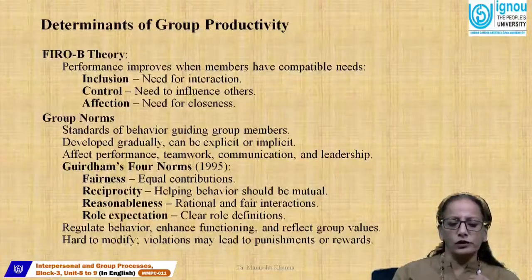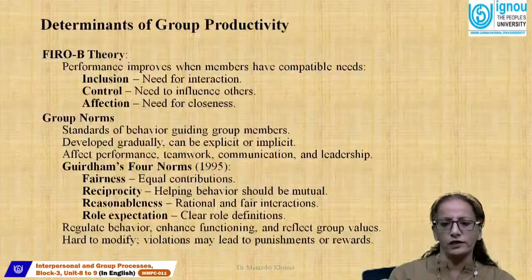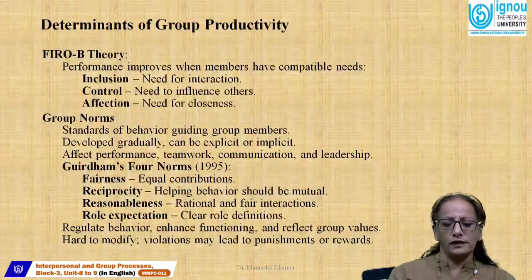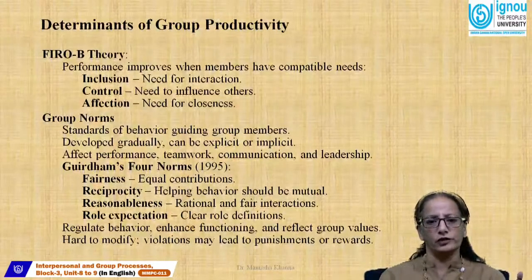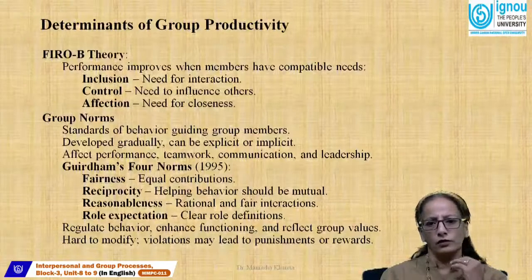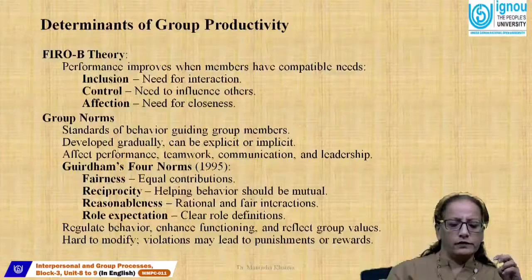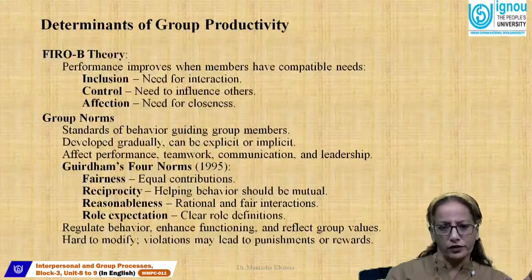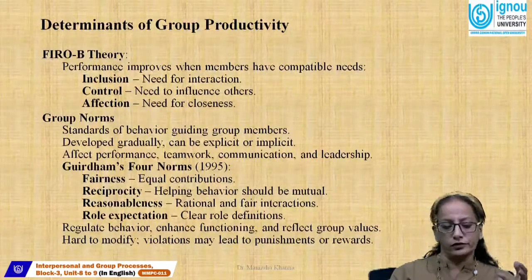Gurdon's four norms, given in 1995, are fairness, where there has to be equal contribution; reciprocity, that is helping behavior should be mutual, and every group member needs to reciprocate; resemblance, which is rational and fair interactions; and role expectations, which means clear role definitions.